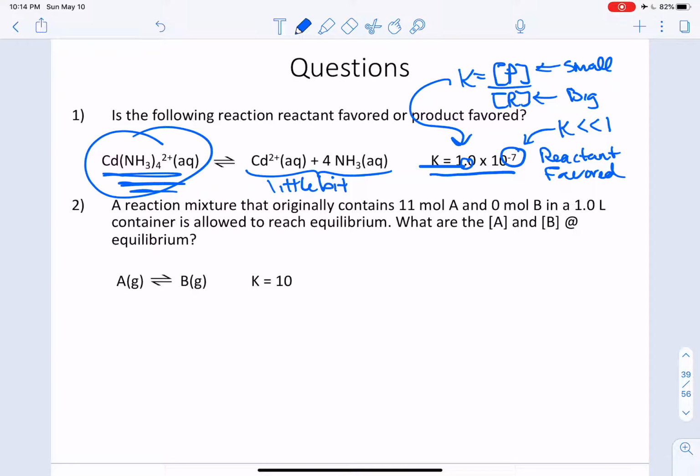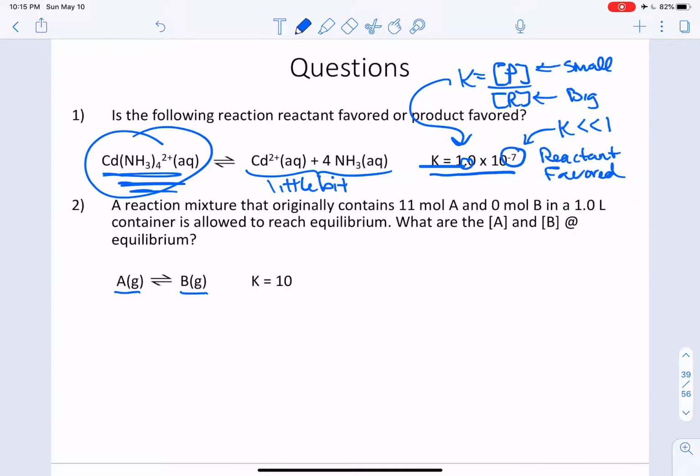Now, number 2 says a reaction mixture that originally contains 11 moles of A and 0 moles of B in a 1 liter container is allowed to reach equilibrium. And we want to know what are the concentrations of A and B at equilibrium.